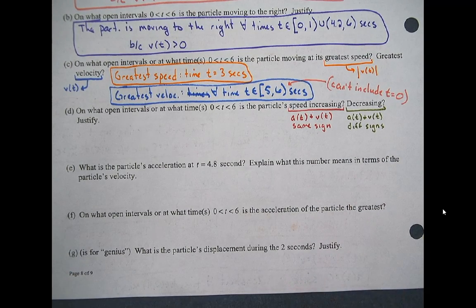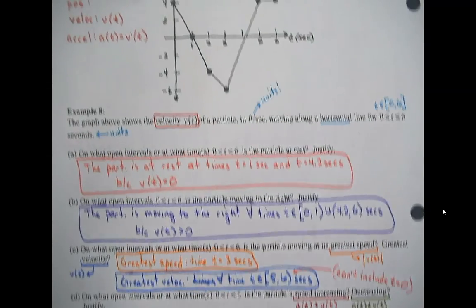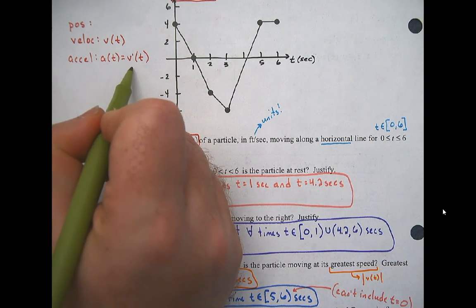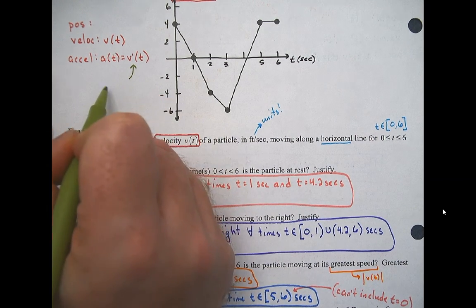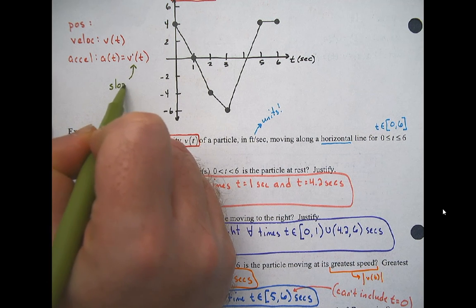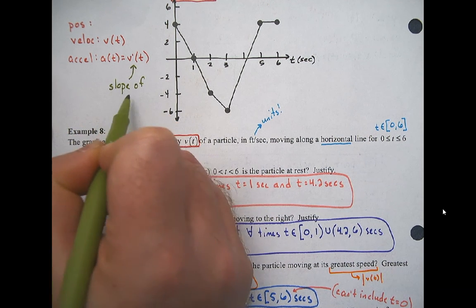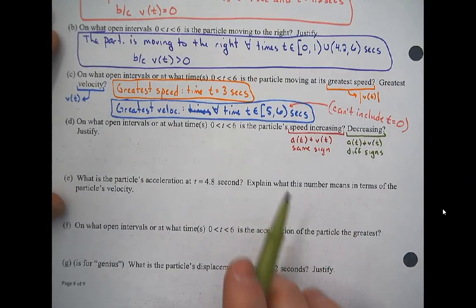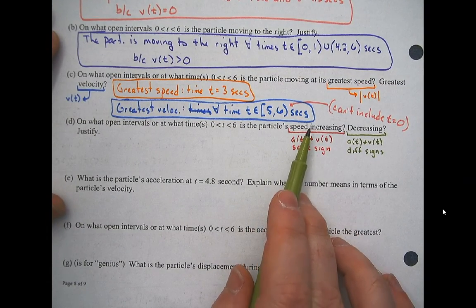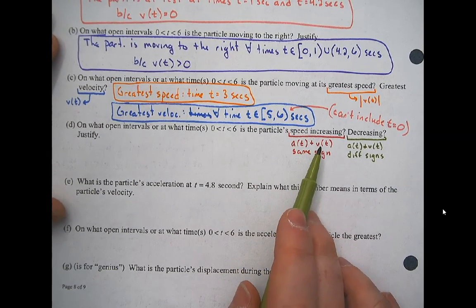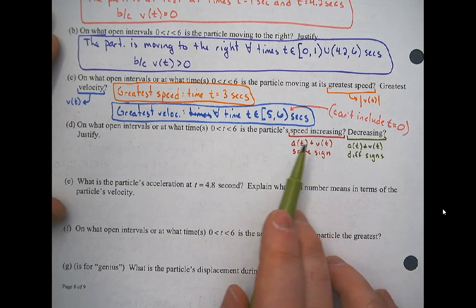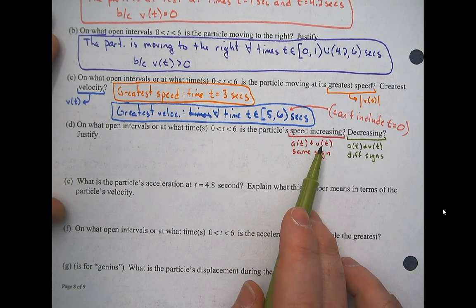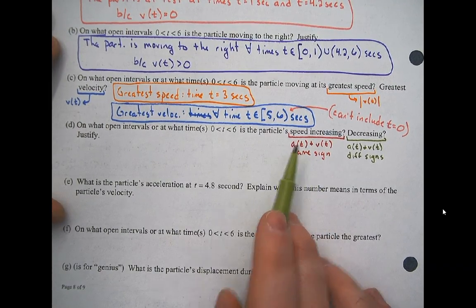Okay, so if I'm thinking about this in terms of velocity and acceleration, acceleration is looking at the slope of velocity. So if I want to figure out where my particle's speed is increasing, it's when velocity is positive and the slope is positive, or velocity is negative and the slope is negative.